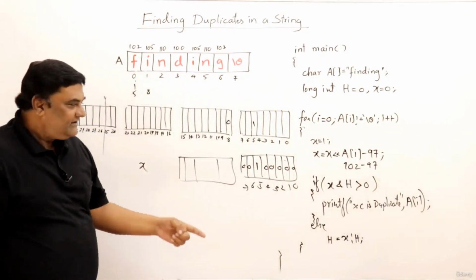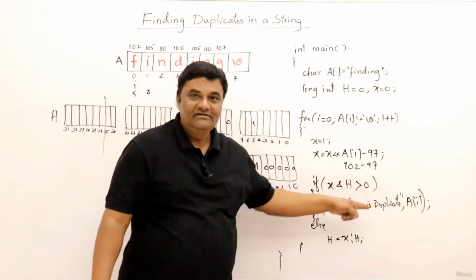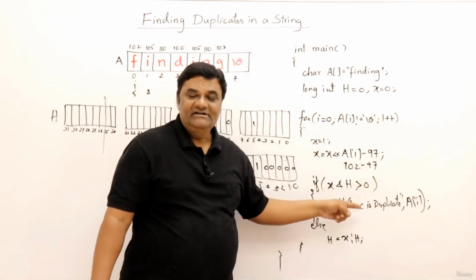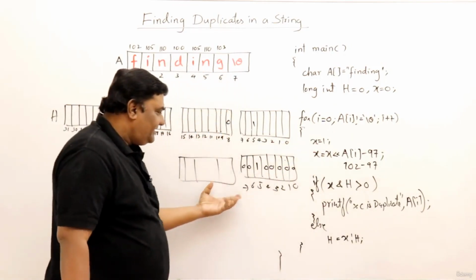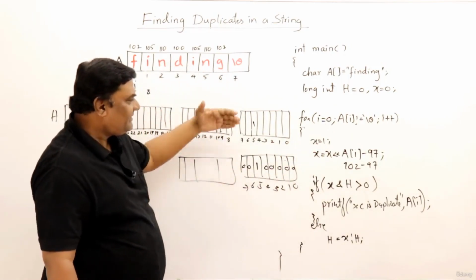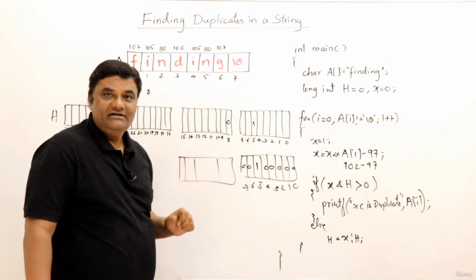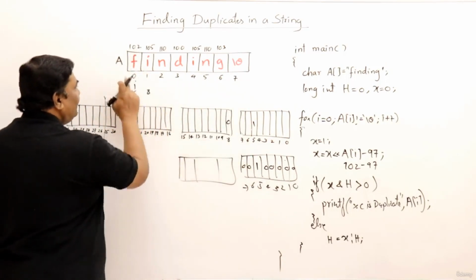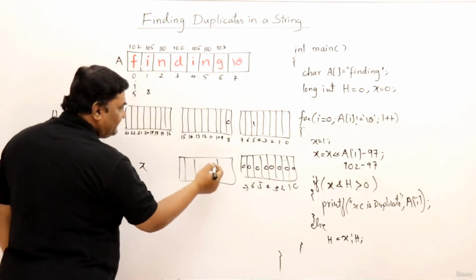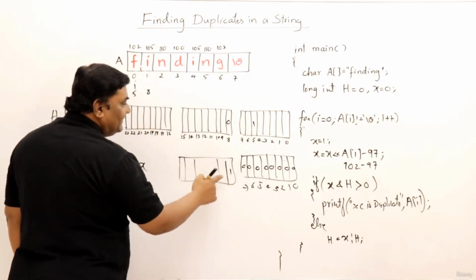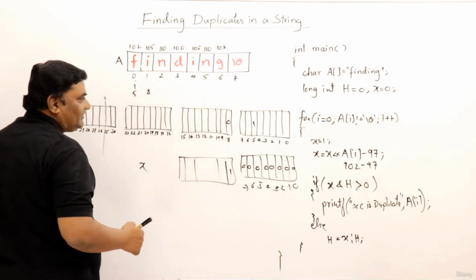So wherever there is a duplicate, it will display that alphabet. If any duplicate alphabet is there, it will display it. We have used shifting for preparing a number so that we can perform masking and merging, right? So for F, the bit comes here, and for I, the 8th bit will be on. So we check for this one, is it present or not?